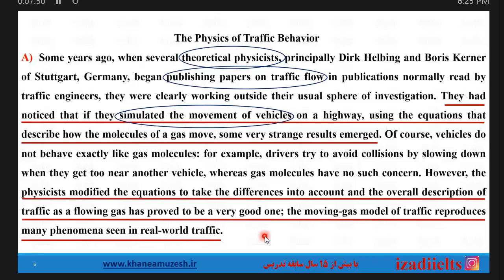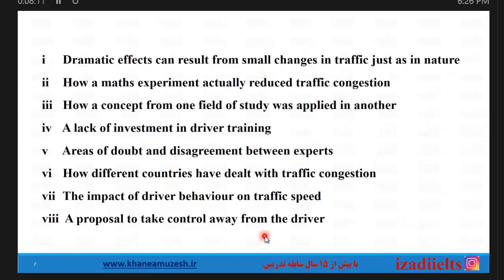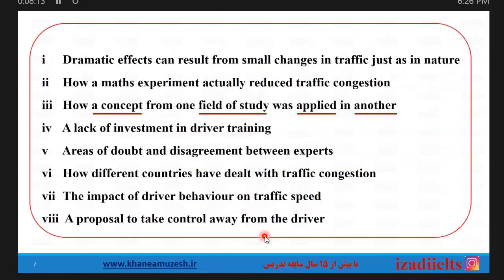It means somehow applying, yes? Do you agree? And moving gas model of traffic. These are the key phrases that can be somehow very much similar to the keywords you just underlined in the heading. So the best answer would be how a concept from one field of study was applied in another.